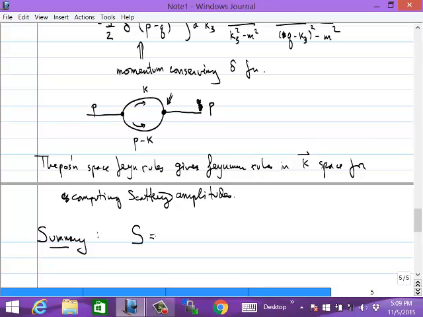The statement is that this S matrix, what is it? Well, there's a trivial piece that just tells you that there's some amplitude for particles to evolve into themselves. But it will always include a delta function that conserves momenta.